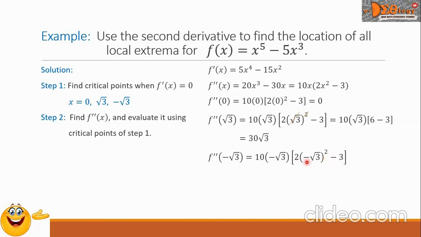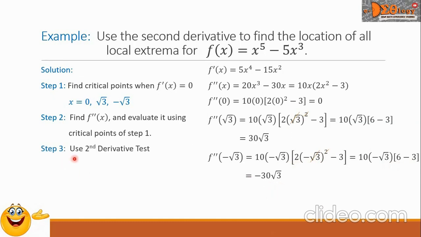But take note, the negative sign becomes positive. So when we cancel it out, the number 3 comes out as positive 3 to be multiplied by the number 2. So we have 6 minus 3. And the difference is 3, and that 3 is to be multiplied with 10. And everything is now simplified into negative 30 square root of 3.